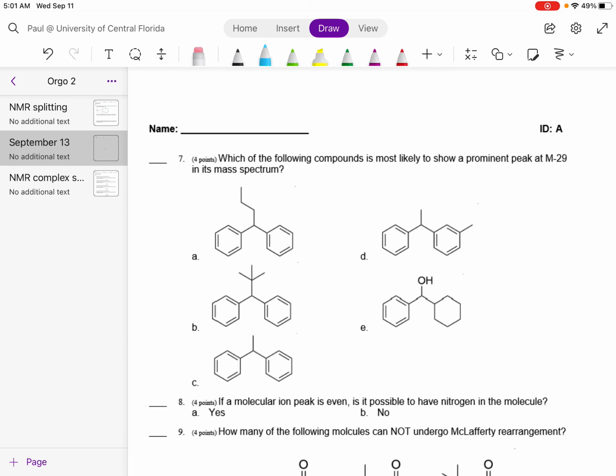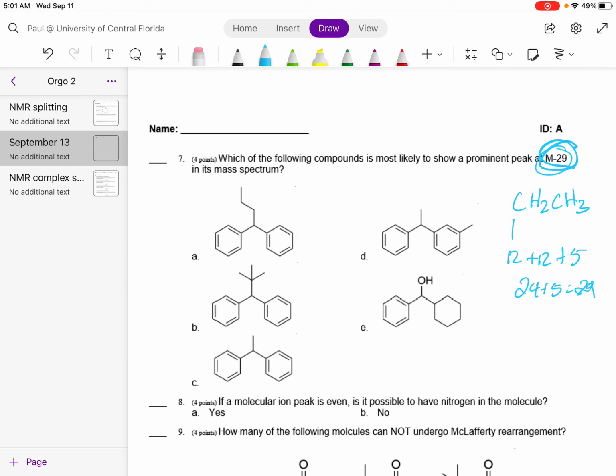Which of the following compounds is most likely to show a prominent peak of M-29? M-29 is what? What species is falling off? CH2, CH3. What is that? That's 12 plus 12 plus 5. So 24 plus 5 equals 29.